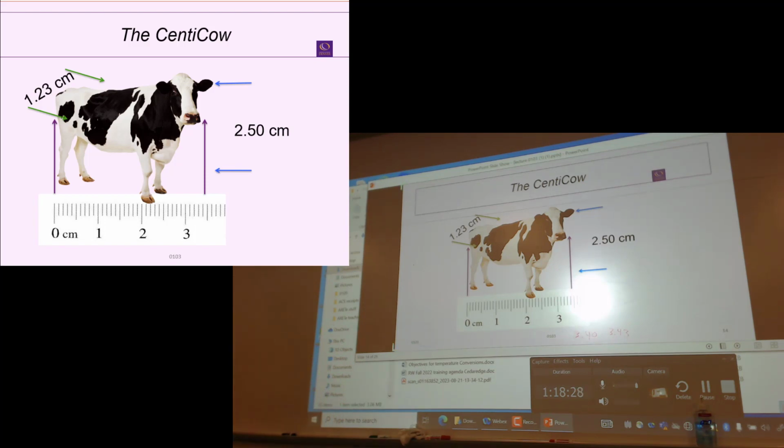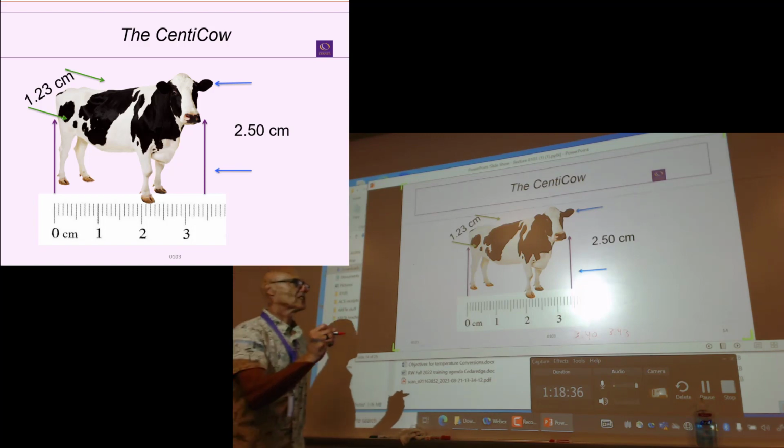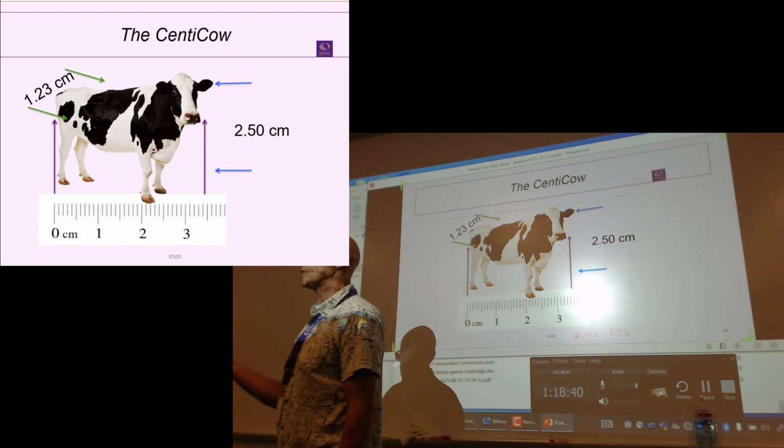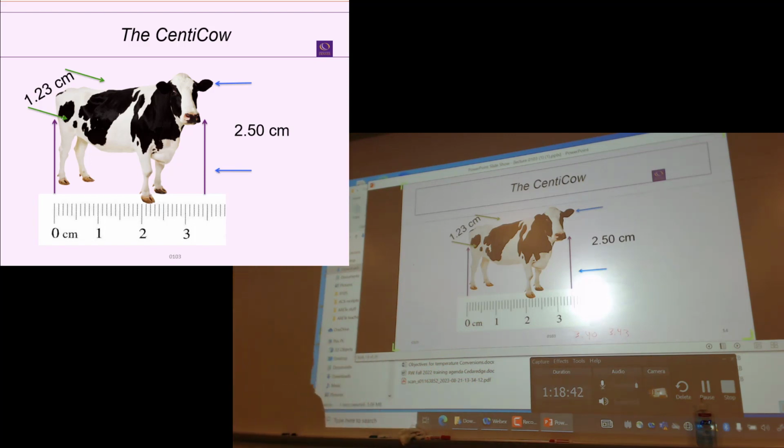So now what we're going to do is figure out the volume of that cow, which is width times height times length. So now here's the catch. I'm going to get an answer, but I don't want to give up my precision. I don't want to make it more precise or less precise. But let's just do the calculation first. By the way, I've got to be consistent with my slide.